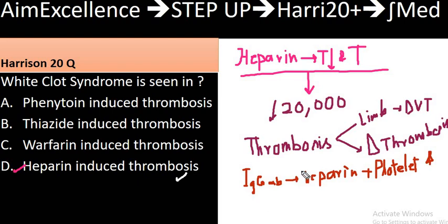And for the drug of choice, first we have to stop heparin. And then we have to start direct thrombin inhibitors, like lepirudin.